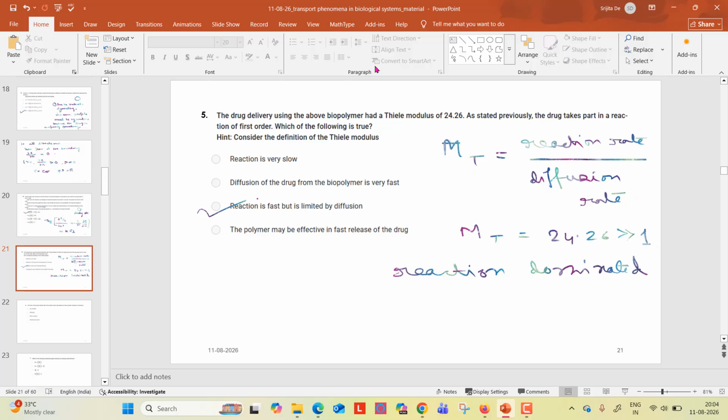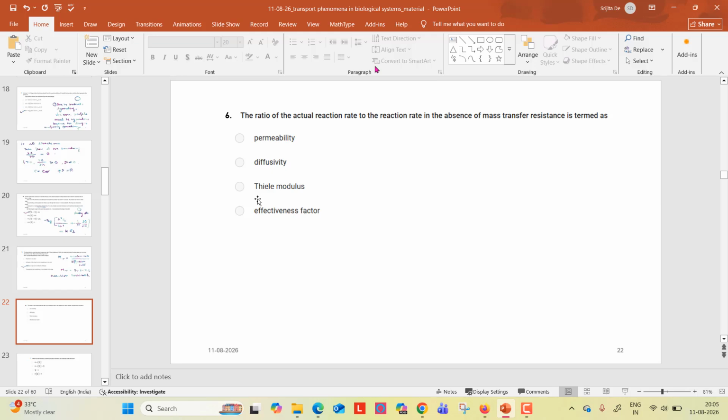Okay. Next. The ratio of actual reaction rate to the reaction rate in the absence of mass transfer resistance is termed as effectiveness factor. We have defined it, right?